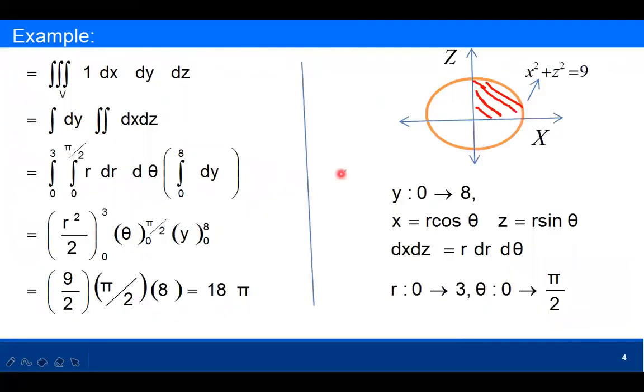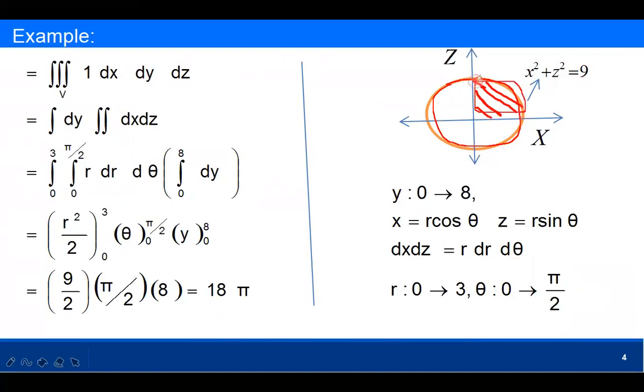Now x square plus z square equal to 9 is the equation of a circle. So we are using the parameter form x equal to r cos theta and z equal to r sin theta, dx dz equal to r dr d theta. So r limits are 0 to 3 and theta is varying from 0 to pi by 2.